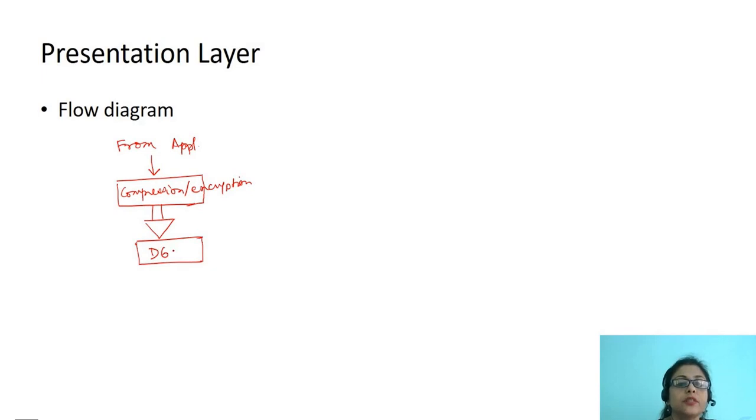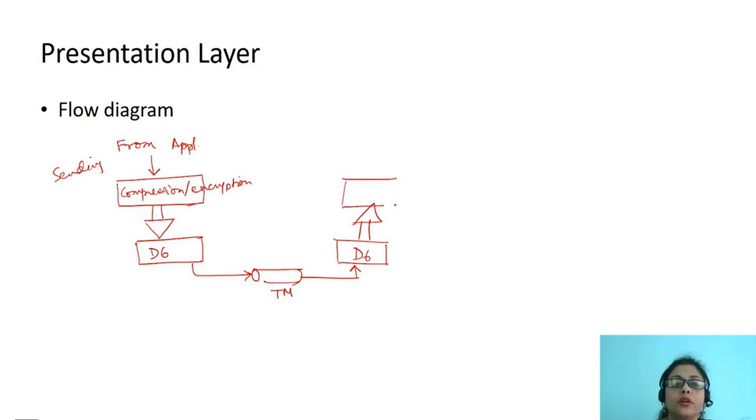Why D6? Because this is the 6th layer of the OSI model. This goes through the communication channel or the transmission medium, and this is actually the sending station, and here also at the receiving station we have D6.